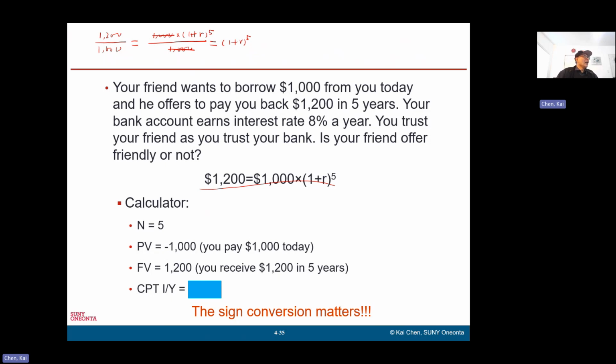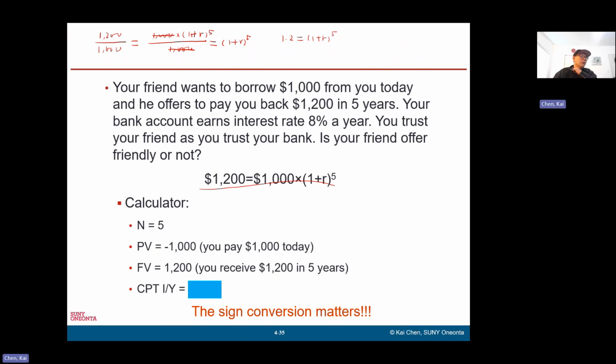Now further, I'm going to simplify the left-hand side. 1,200 divided by 1,000, that is 1.2, right? And now on the right-hand side, that is (1 plus r) raised to the 5th power.